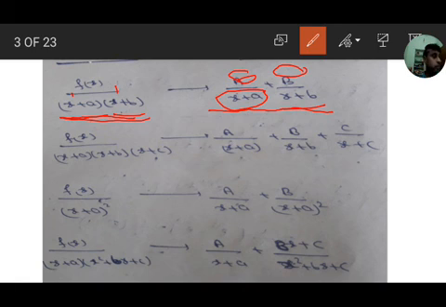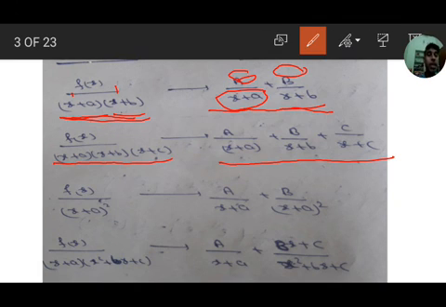If it is three linear factors, non-repeated, that is f of x by x plus a, x plus b, x plus c, then its partial fraction is similarly A by x plus a plus B by x plus b plus C by x plus c. Okay, total 3 factors, some constant for each.